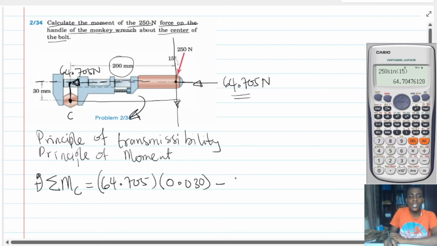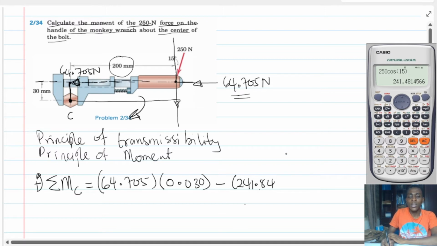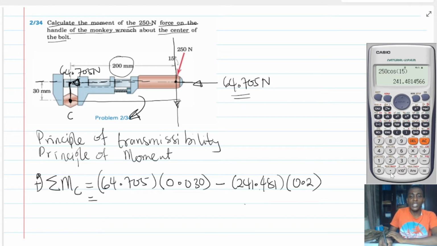So it's going to be minus 241.481, multiplied by 200 millimeters, which is 0.2. Then I can now find the moment.